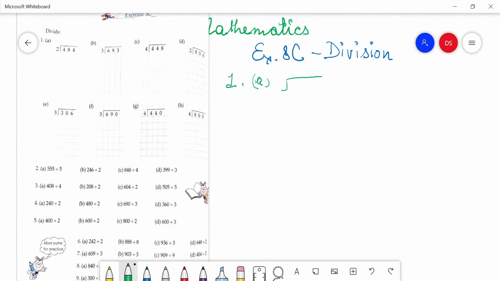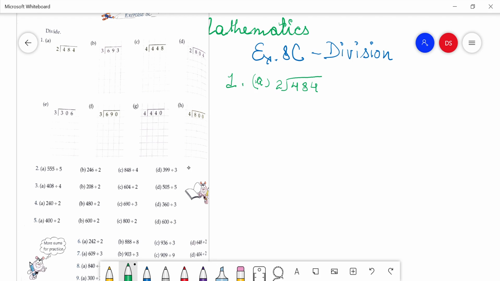The number which is written inside is called dividend. The dividend is 484. Children, you can see this is a 3-digit number, 484. We have to divide it by 2. 2 is called divisor. The number by which we have to divide the dividend is called divisor.